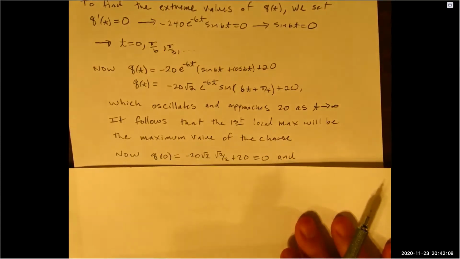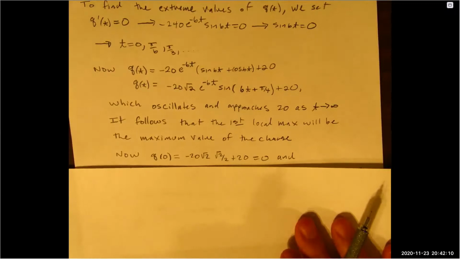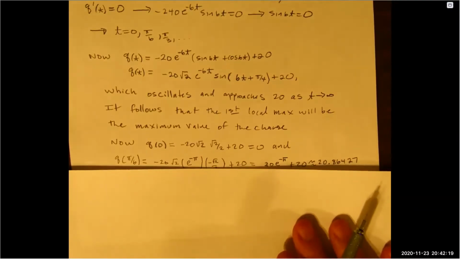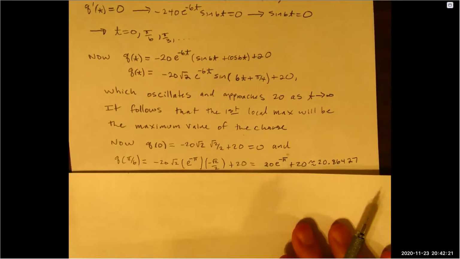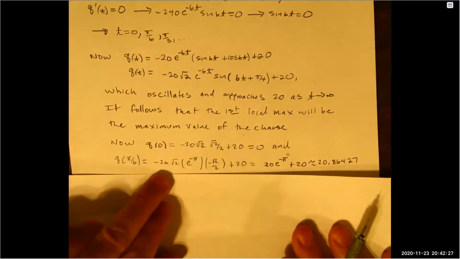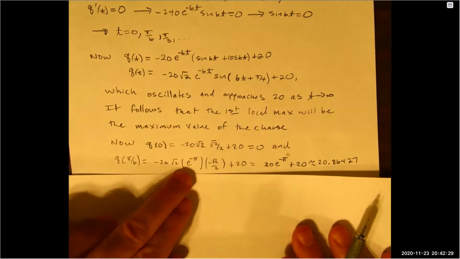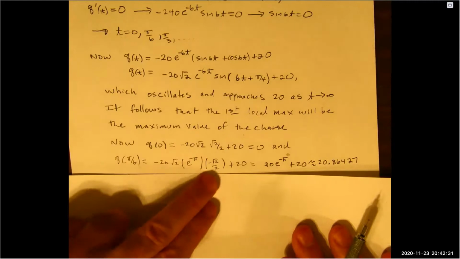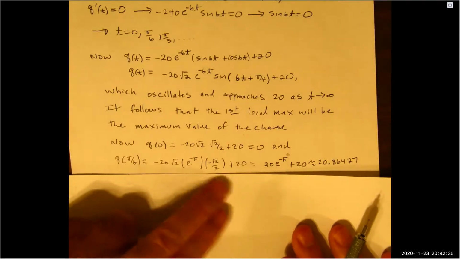Now if we look at q of 0, that's going to be equal to minus 20 root 2 times root 2 over 2, which just comes out to be 0. And if we look at the second critical value, q of pi over 6, there we're going to have minus 20 root 2 e to the minus pi, times minus root 2 over 2, plus 20.